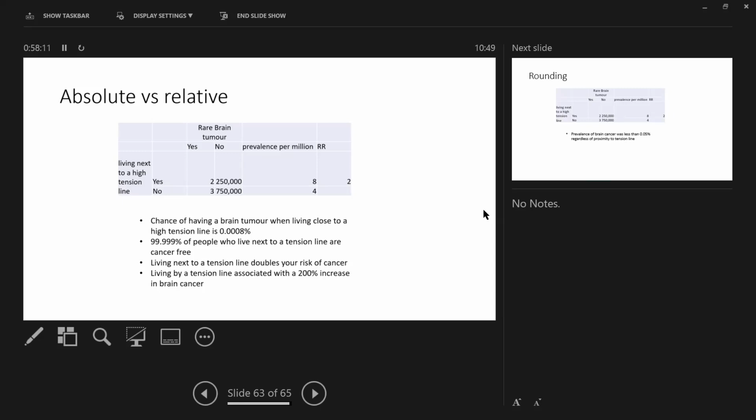And the reader will either interpret this as, oh, it's quite safe to live next to a tension line, or it's very dangerous to live next to a tension line, right? So they're all true. The data is the same.